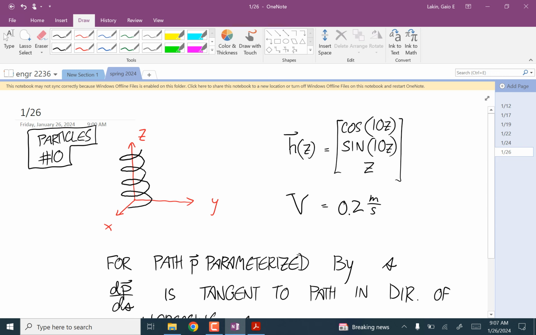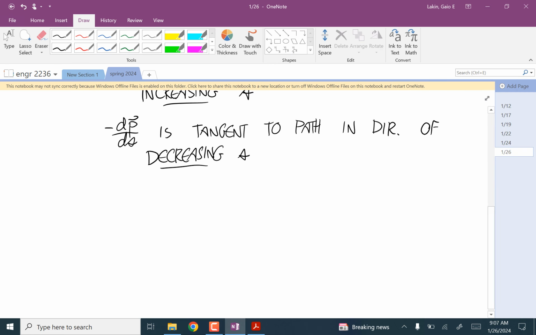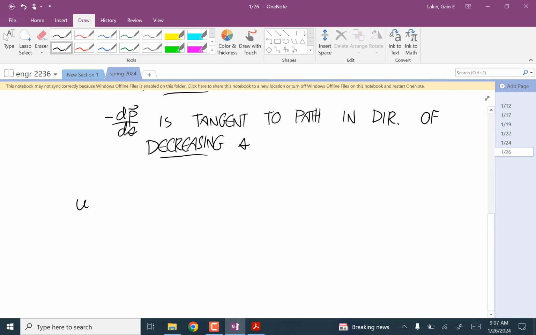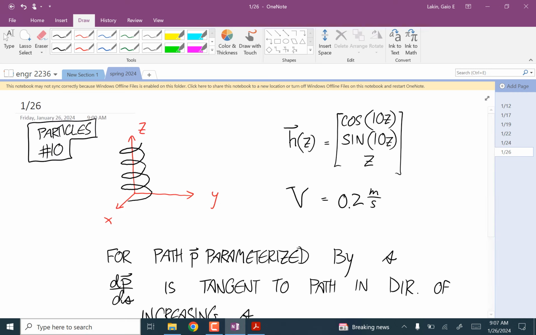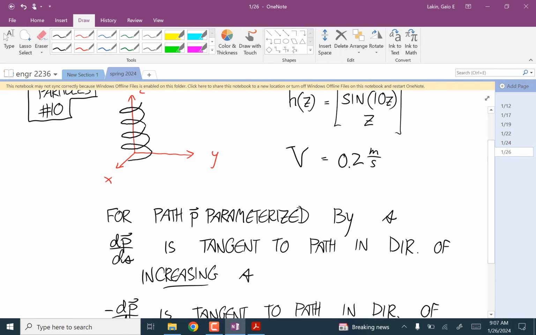Okay, so the particle's moving upwards, so we just want a vector in the direction of motion, tangent to the path, as a function of z, which is just dh/dz. And so that's going to be 1, no, I keep doing that. I'm so used to x being the parameter.